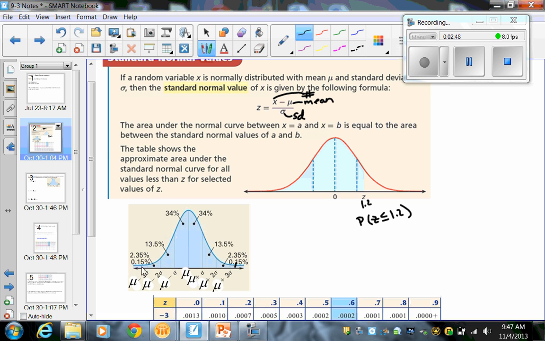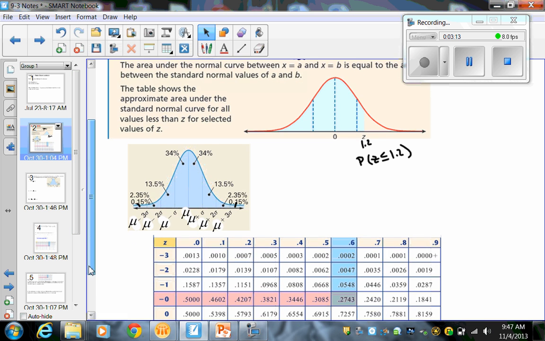Same thing over here. And if you notice, it's symmetric about the mean. So you have your mean in the middle, and then it goes 34%, 13.5, 2.35, 0.15, and on the left side, again 34, 13.5, 2.35, and 0.15. This will make more sense as we start looking at some examples.